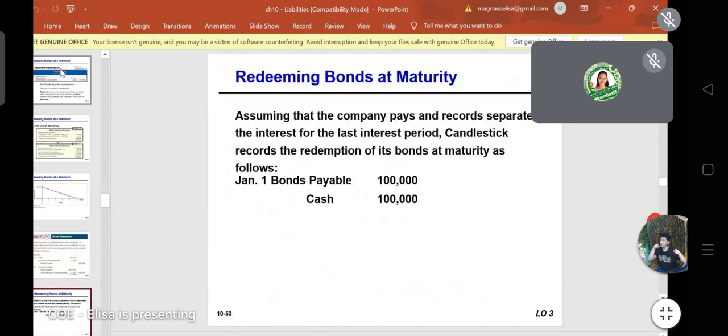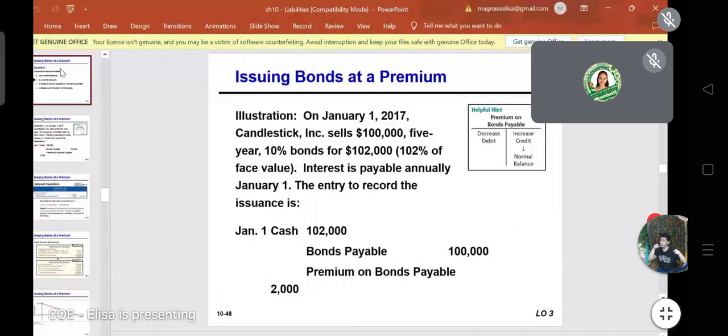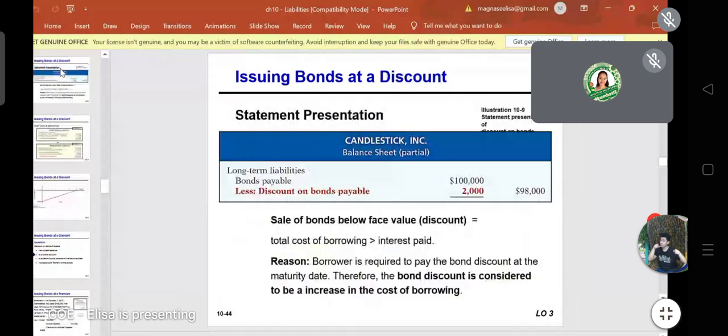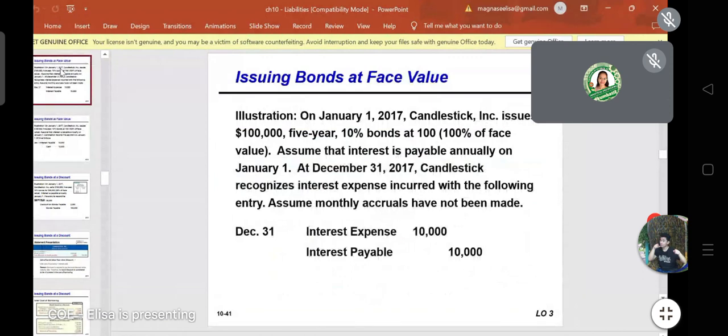Redeeming bonds at maturity, you debit bonds payable, you credit cash. But of course, in between, you have to record your interest expense and interest payable. You debit interest expense, you credit interest payable.